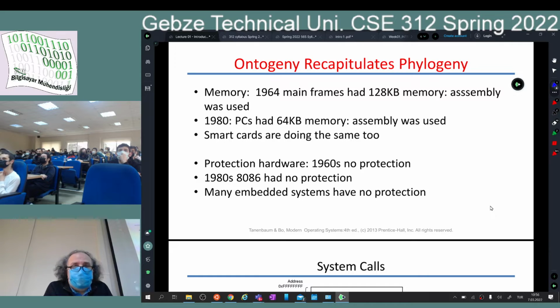Protection hardware is the part of the CPU that says that as a process you cannot access the other parts of the memory. You are not allowed to. The other thing is, as a process, you don't have the privilege to execute this instruction.